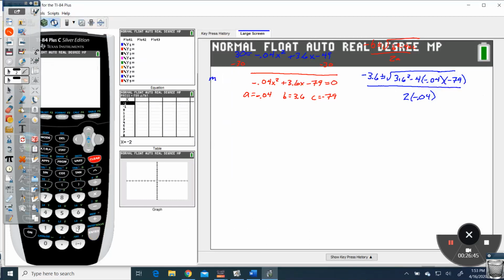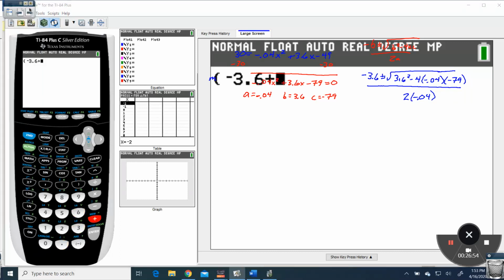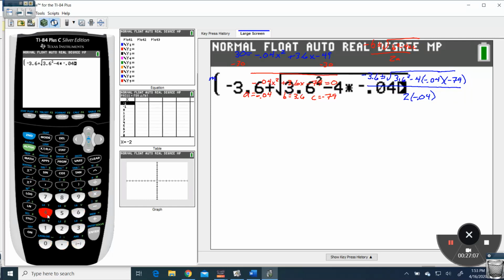So I'm going to go parentheses negative 3.6 plus the square root of 3.6 squared minus 4 times negative 0.04 times negative 79.